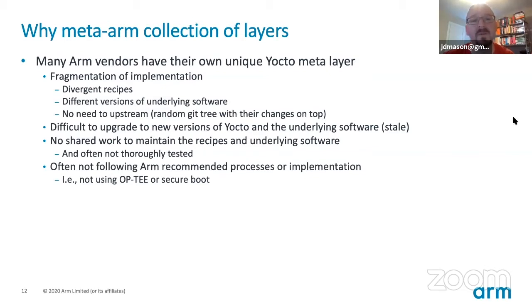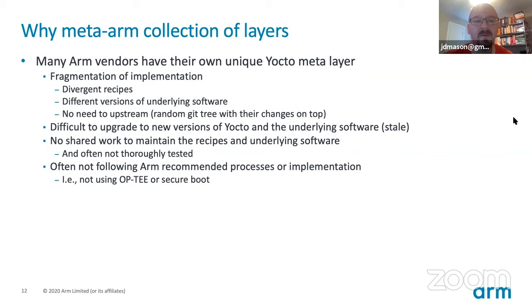And this creates a large problem because it makes it difficult to upgrade to new versions of Yocto and the underlying software. By this, I mean, later this month, a new version of Yocto will be coming out, Dunfell, I believe it's named.